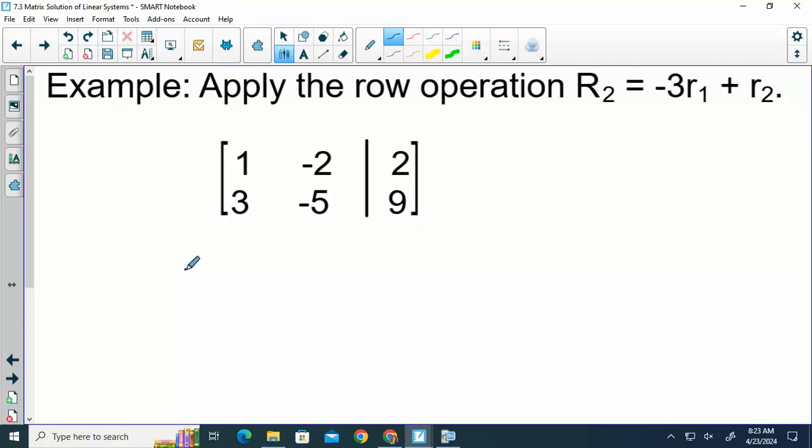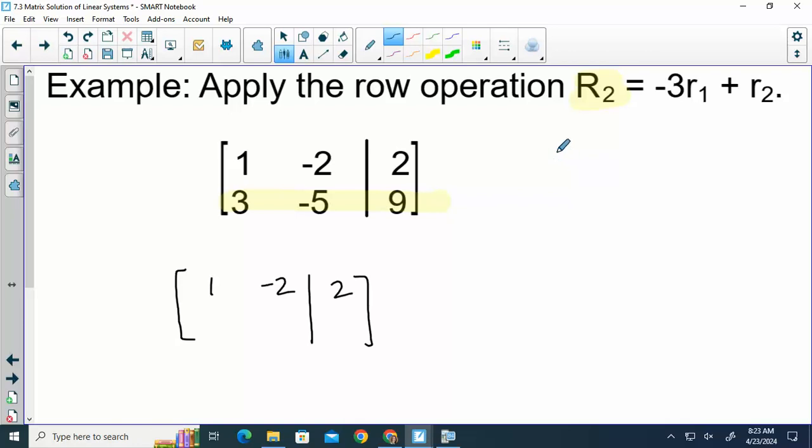So my new matrix, I'm changing row 2. So row 1 stays the same. To get my new row 2, I'm taking -3 times the first and adding it to the second.